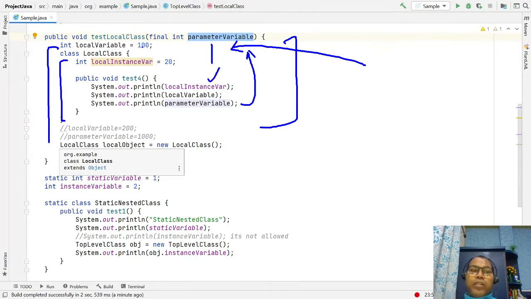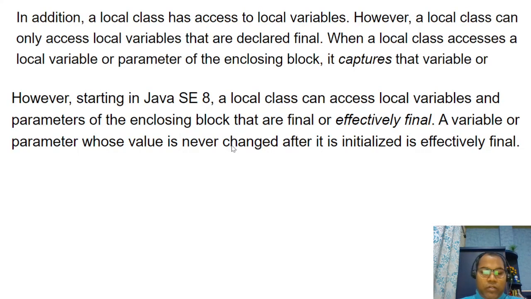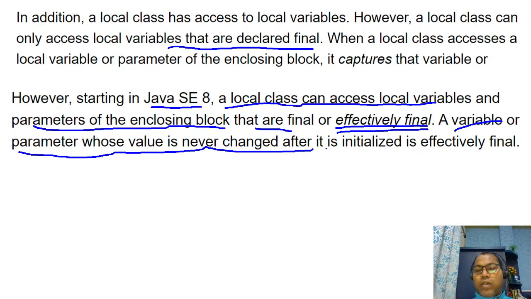Before Java 8, it's mandatory to declare the final keyword. But from Java 8 onward, local classes can access local variables or parameters of the enclosing block that are final or effectively final. Effectively final means the compiler assumes the developer does not modify the variable accessed inside the local class. So a variable or parameter whose value never changes after initialization is effectively final.